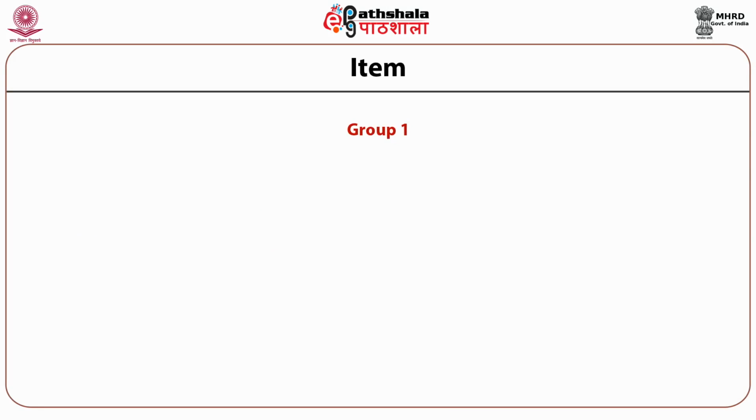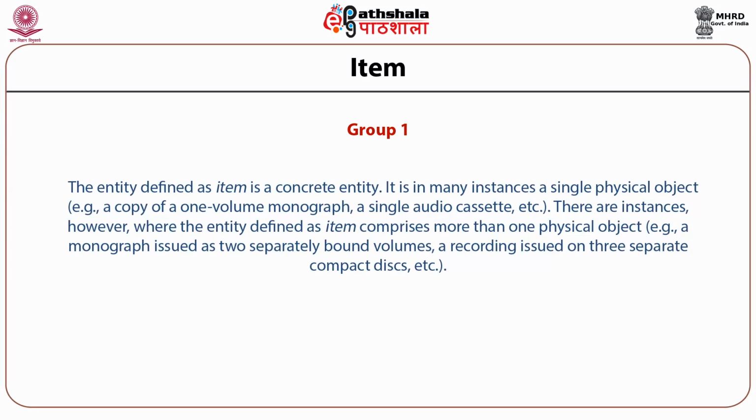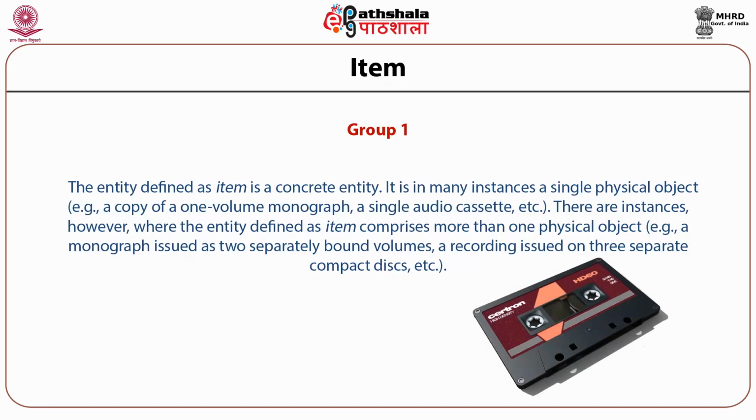Then come to item. The entity defined as item is a concrete entity. In many instances it is a single physical object, that is, a copy of one volume, one monograph or a single audio cassette. There are also some instances where the entity defined as item comprises more than one physical object, for example a monograph issued as 2 separately bound volumes.